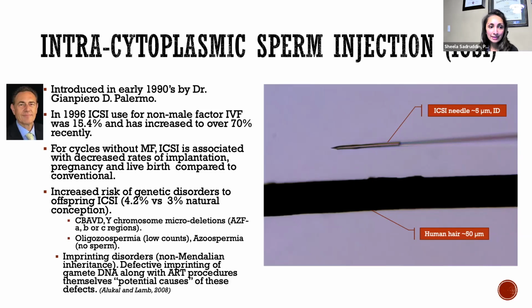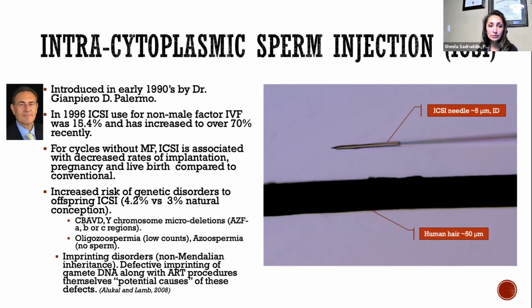So in 1996, ICSI was primarily used for male factor cases. I'm sorry, that's a typo. And so over the years, more and more labs are transitioning over to an all-ICSI program, regardless of whether or not the patients present with a male factor.